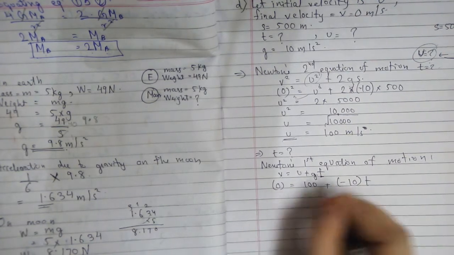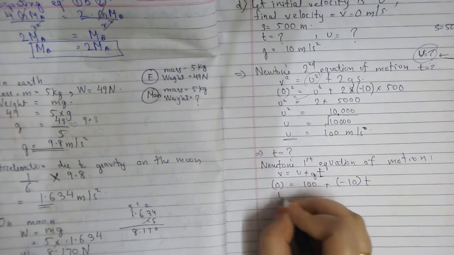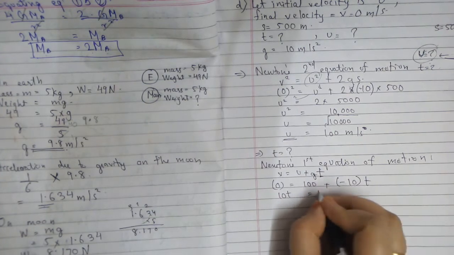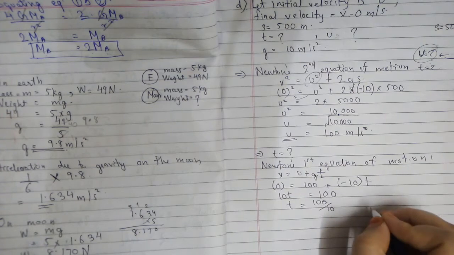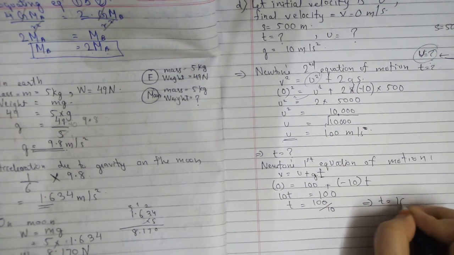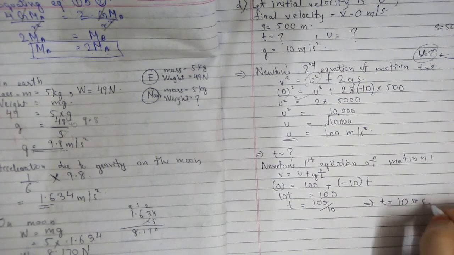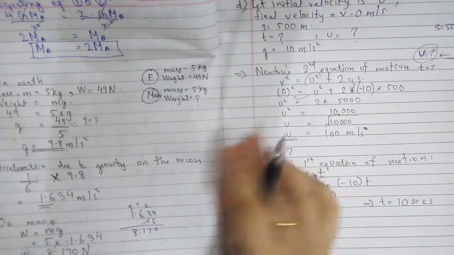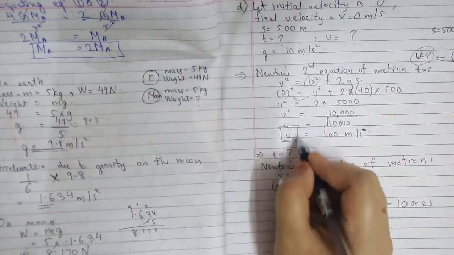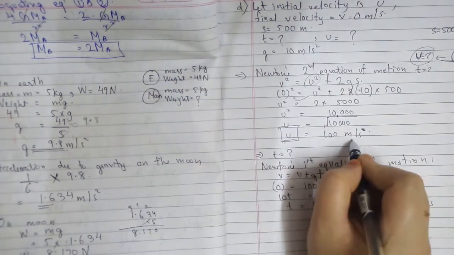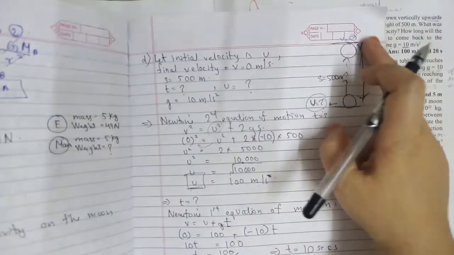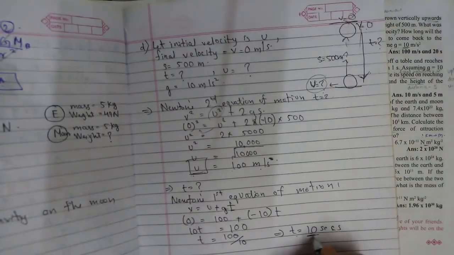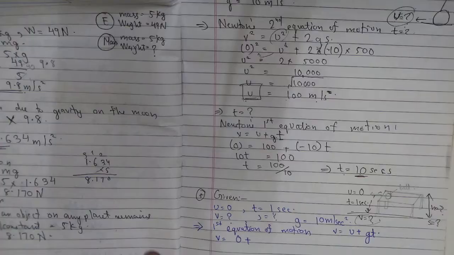This minus 10t will come to this side, so it becomes plus, equal to 100. So t is equal to 100 upon 10, therefore t is equal to 10 seconds. So we have calculated initial velocity as 100 meter per second, and the time required for the object to come back towards the earth is 10 seconds.